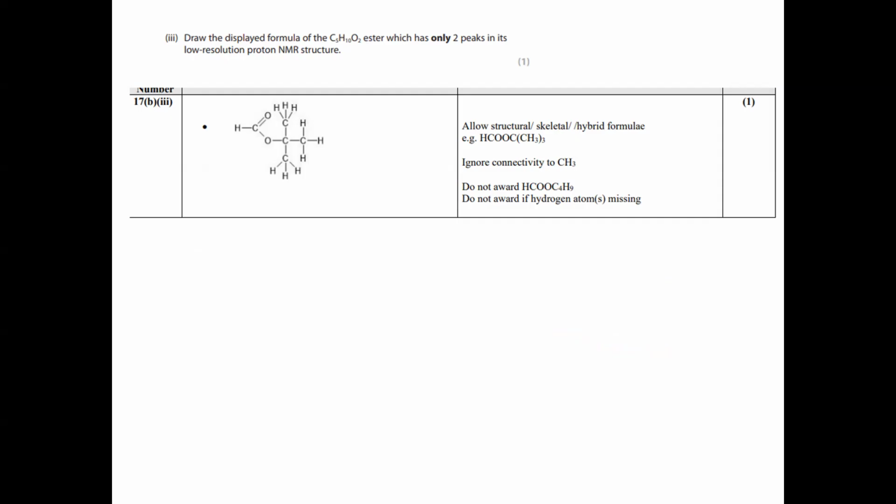So when you have an ester with only 2 types of environment, and we have 10 hydrogens, the best way is to put 9 hydrogens in one environment. You can remember this one. If you go for a tertiary format, when you place them like this, you can see that all these 3 CH3 groups are attached to the same carbon.